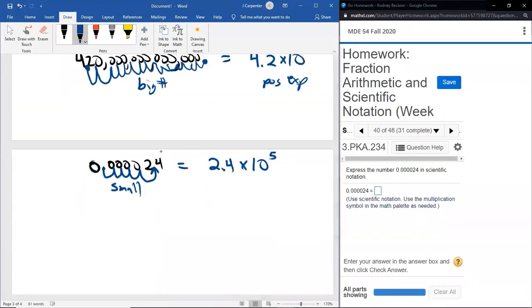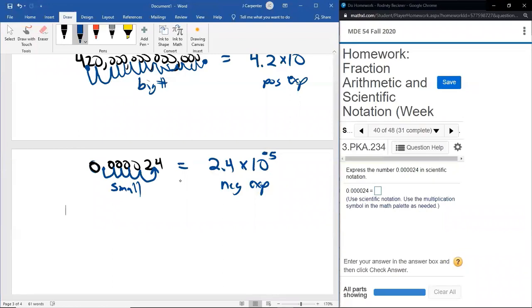So because that was a small number, this should be a negative exponent. That says it should be 2.4 times 10 to the negative 5. Think about it this way: 10 to the 5th would be a 1 with 5 zeros, which is 100,000. 2.4 times 100,000 would be 240,000, which is not this number. With positive exponents, you should understand how to rationalize what they are.